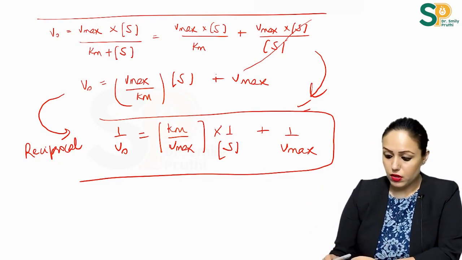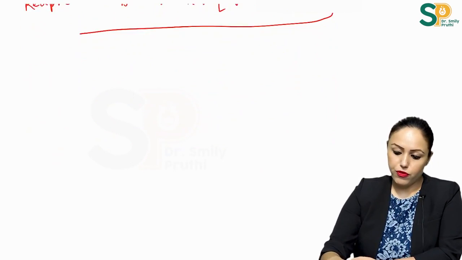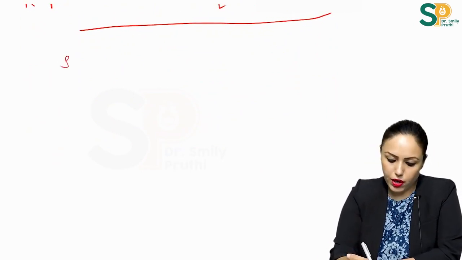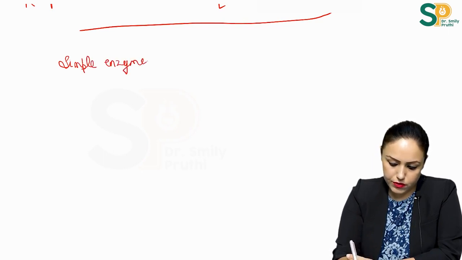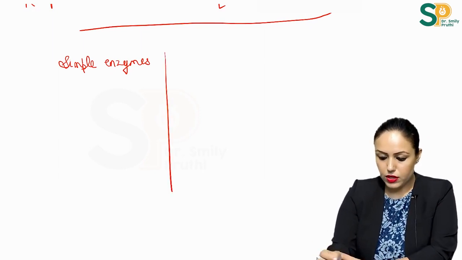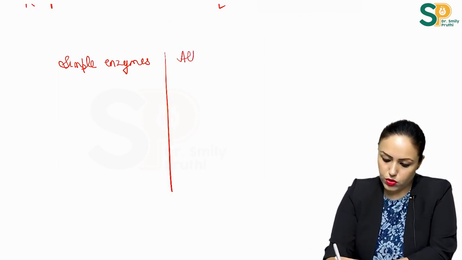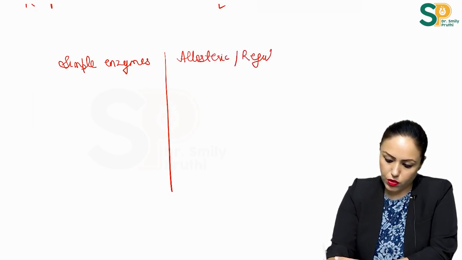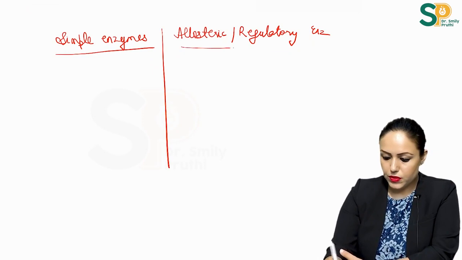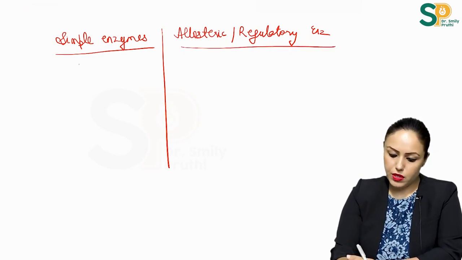So we have done the rectangular hyperbola graph and the Lineweaver-Burke plot. This rectangular hyperbola graph was for simple enzymes, right? But we have other enzymes also, which are allosteric or regulatory enzymes. Simple enzymes, allosteric or regulatory enzymes.